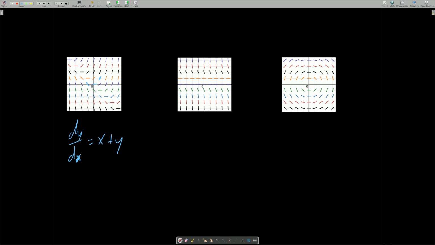Another thing about slope fields is that if you sort of draw a line, you can get a feel for what the function may look like using a slope field. For this one, we have dy over dx equals y times 1 minus y.